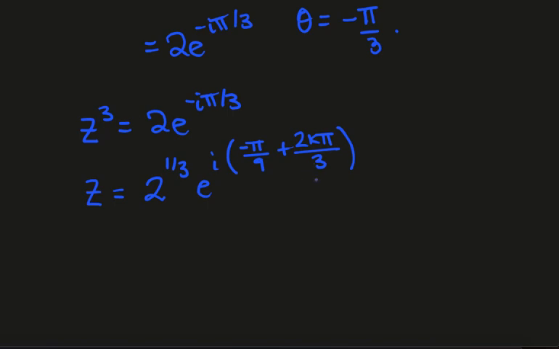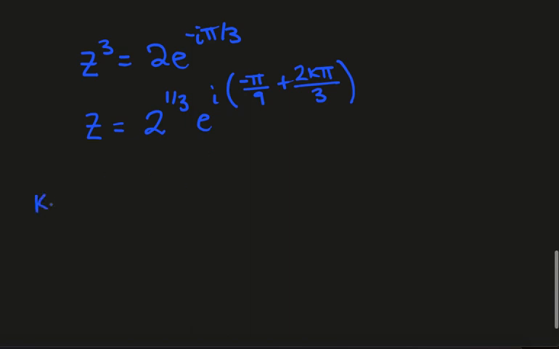And now we're just going to cycle through values of k. So if we take k equals 0, then what we get is 2 to the 1/3 e to the minus i pi on 9.